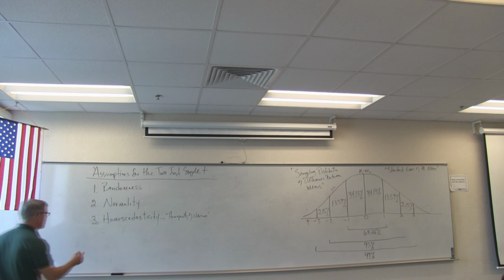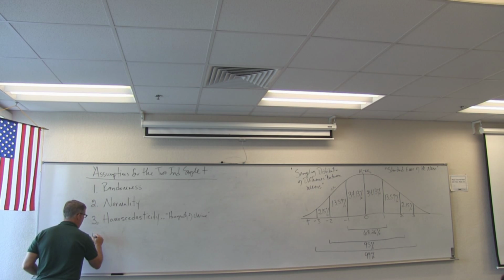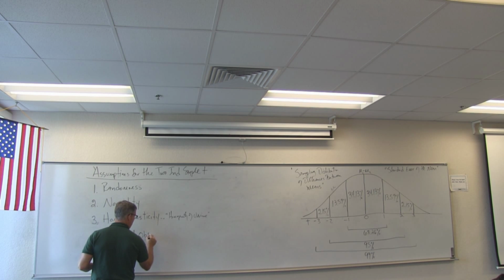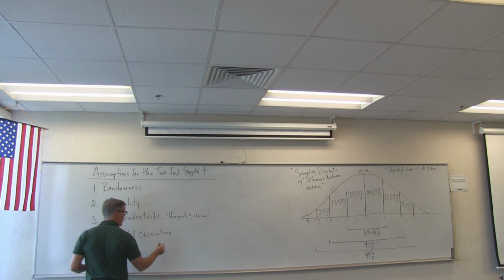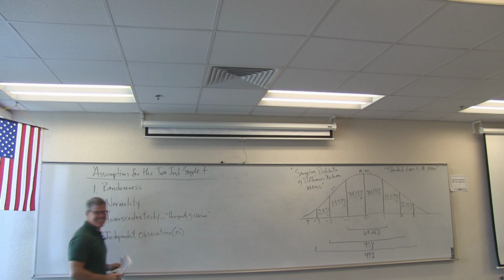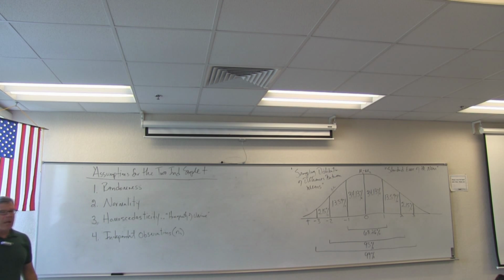Our fourth assumption we call independent observations, also called independent Ns. It's assumed that our two groups are independent of each other.